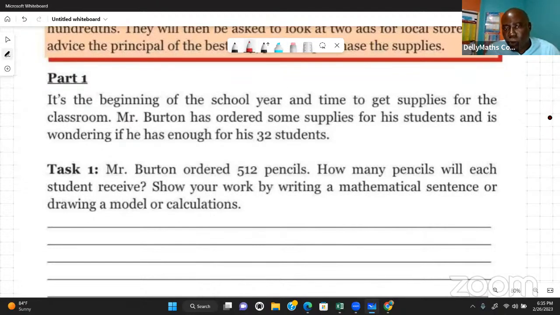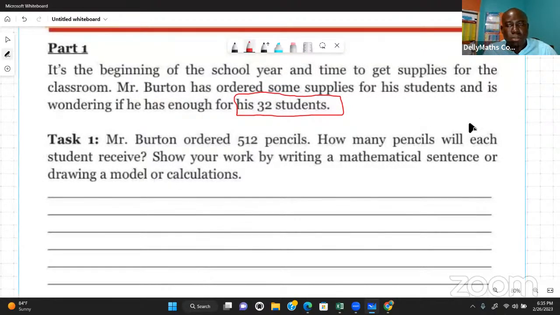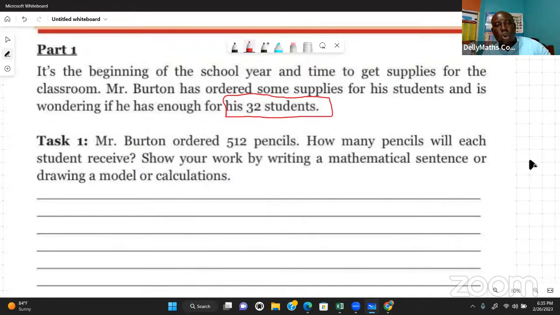So definitely we're told here indirectly that he has 32 students, right? So he ordered some stuff. He's wondering if he has enough for his 32 students. All right. Now, the first task says Mr. Burton ordered 512. He ordered 512 pencils.